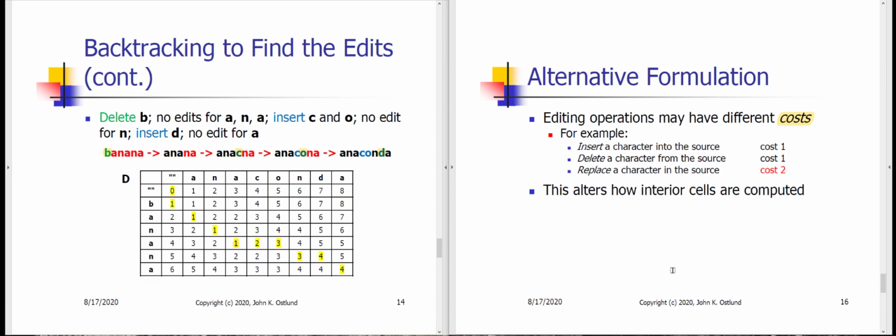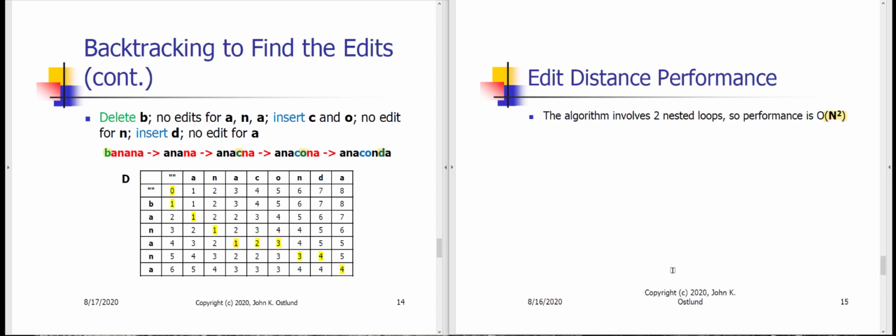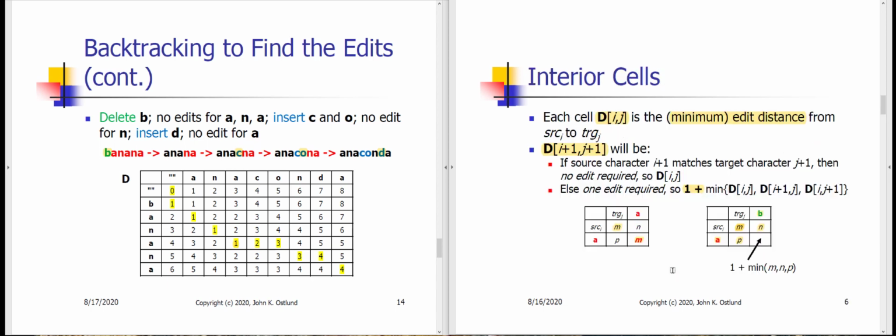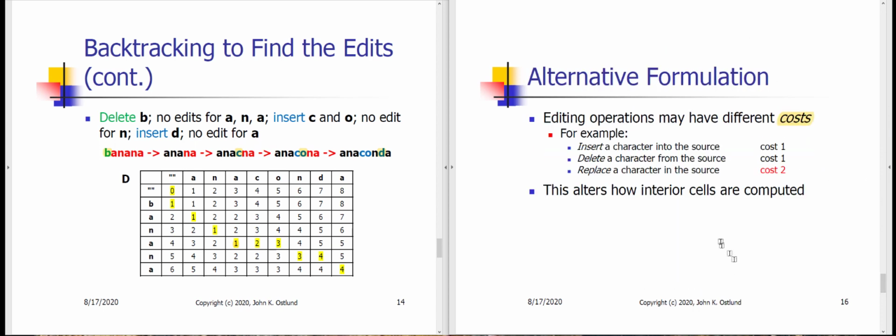Once we had the first column filled in and the first row filled in, which are easy to do, we could then fill in the successive diagonally downward columns and rows using our little minimization formula here from slide 6. But now, if we have this alteration where, in this case, we're allowing insert and delete to have the same cost, but replace is going to be twice as expensive, you could conceivably have 3 totally different costs for each one of these 3.